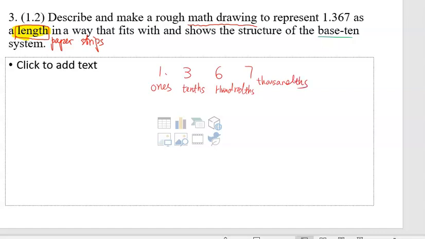And so let me move it over a little. In the process of showing the paper strips, we do want to show how these place values are generated. So for example, how do we get the 1/10?